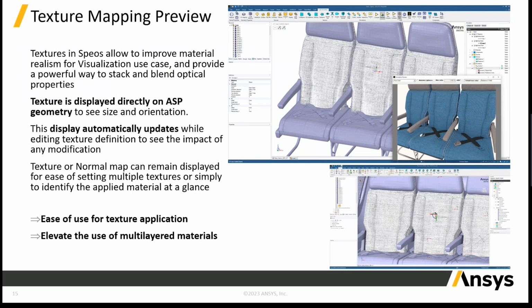And with the texture mapping preview, you have a way to directly display the textures on the geometries in the 3D view of Speos. And as you can see on the video, the automatic update provides an easy way to adjust the size and orientation of the texture with the direct impact in real time.